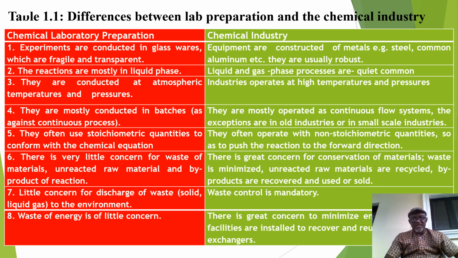If it is something like NEPA lights, national grid, people will just leave their phone there. Now imagine a situation where you are on your generator with your fuel just for the purpose of charging your phone, and your phone battery is 100%, and you still allow your generator to run. Then you're wasting your energy. And if you're going to account for it, it means you're going to definitely make a loss, and that's not good for the business. So this table shows the differences between lab preparation and chemical industry operation.